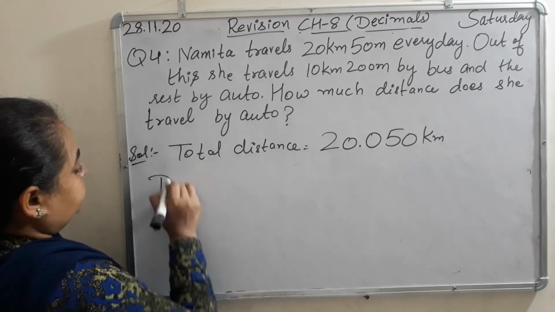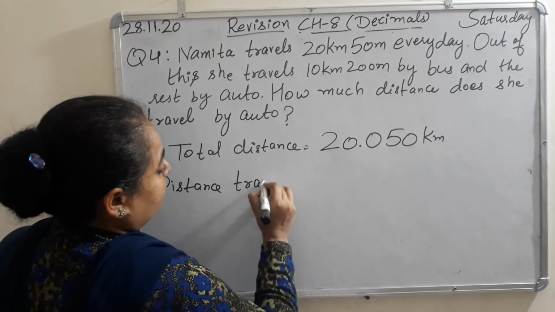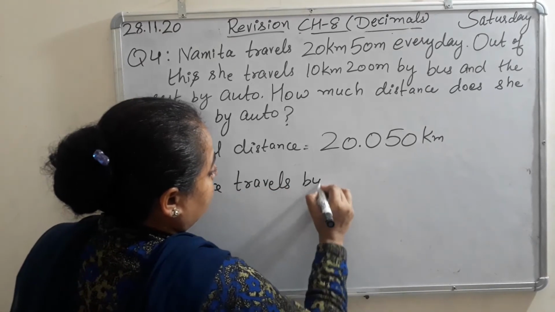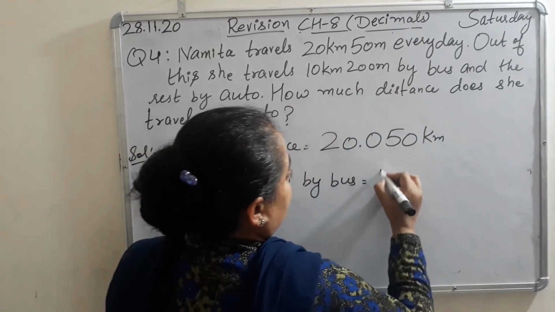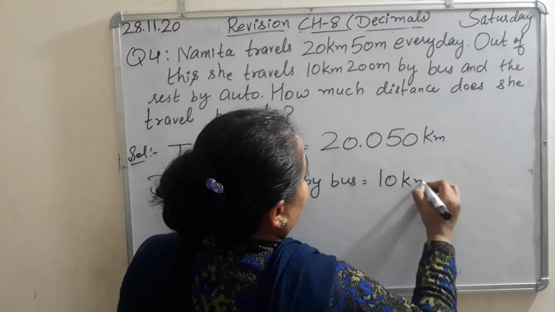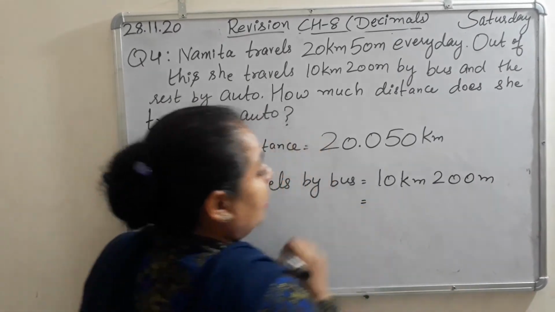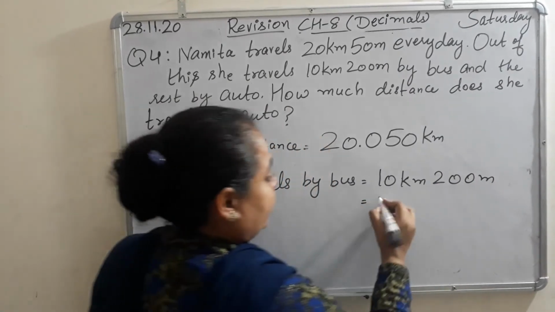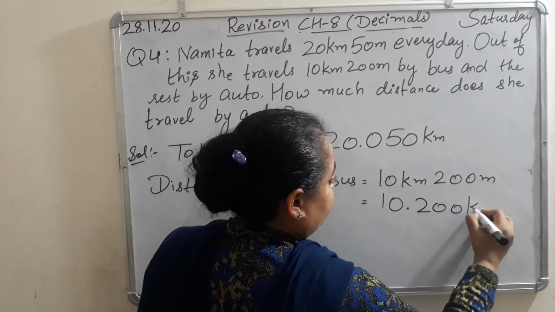Distance traveled by bus: 10 kilometer 200 meter. After conversion you will get 10.200 kilometer.